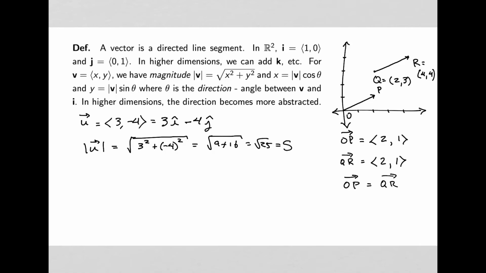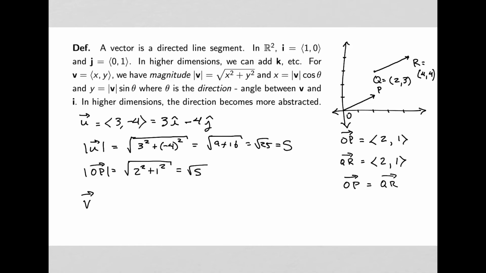So most of the time you're going to get something that's not quite as pretty for the answer. Like if we looked at the OP there, we'd have 2 squared and 1 squared, and end up with the square root of 5, and that's not a really nice number, so we just leave it as a square root of 5.